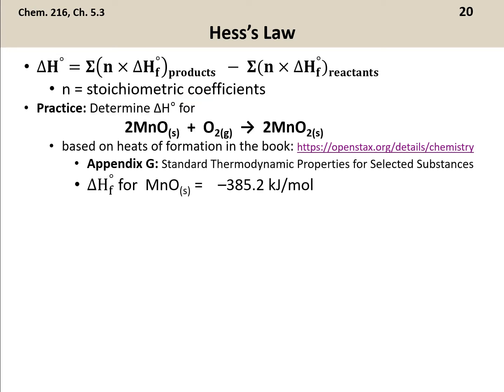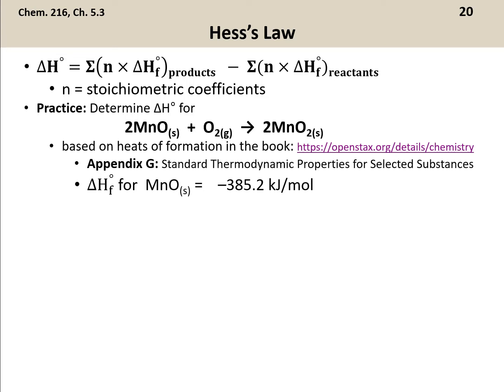So we're asked to determine delta H naught, the standard enthalpy change for the reaction 2MnO solid plus O2 going to form 2MnO2 solid. And we're given no equations.